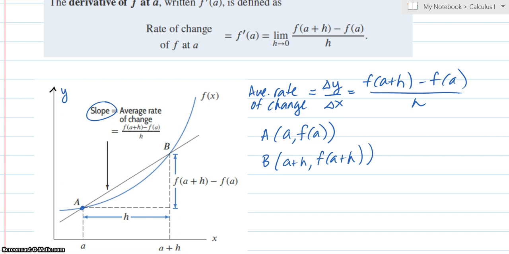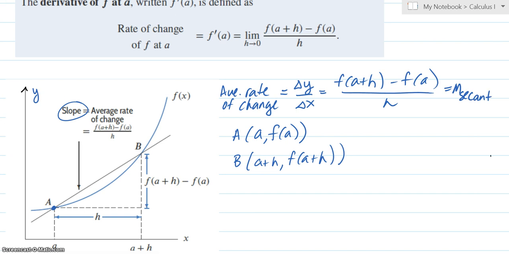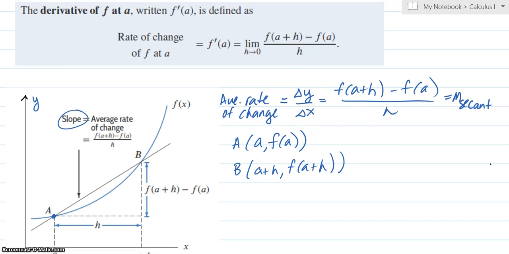Sometimes they'll call it the slope of the secant. And if we let those h's get smaller and smaller, we'll come up with an instantaneous rate of change, or just the rate of change, as these h's become smaller.